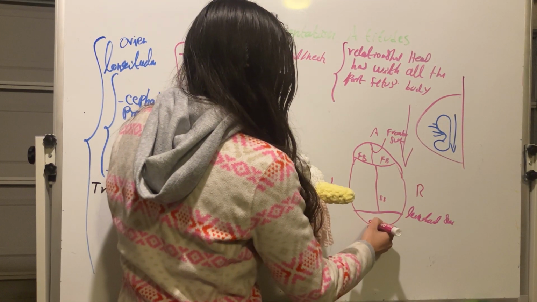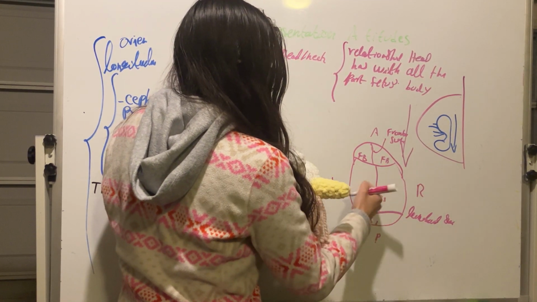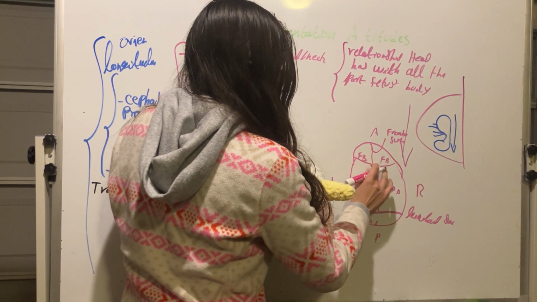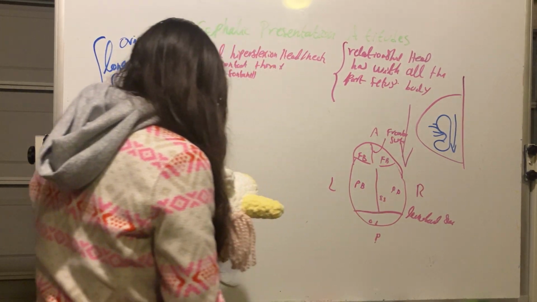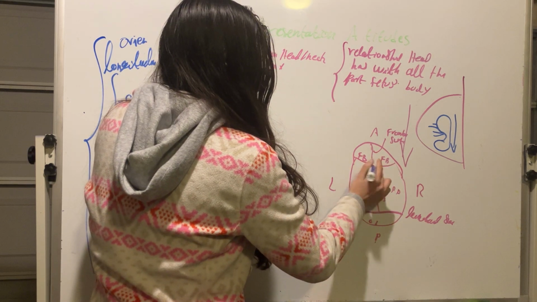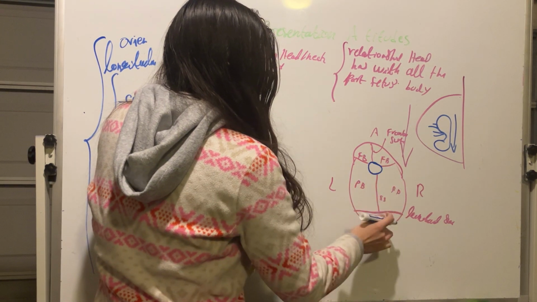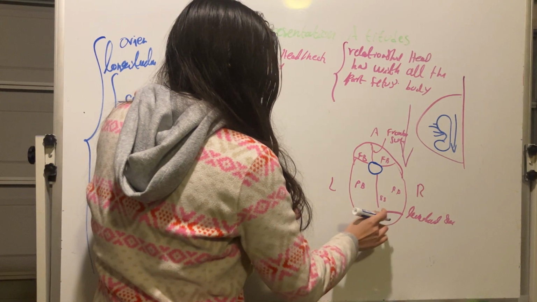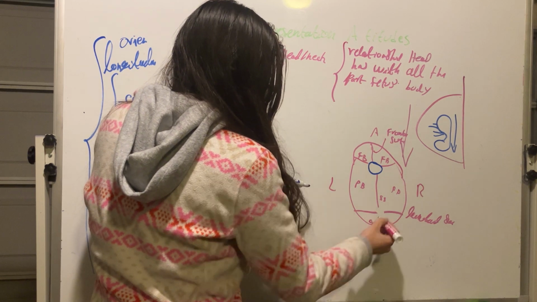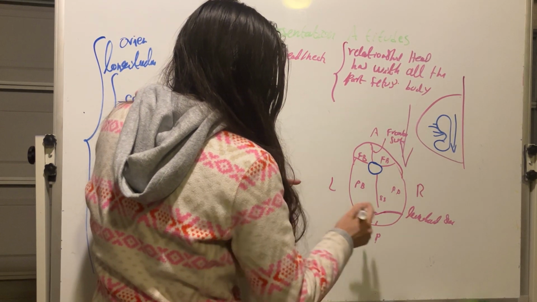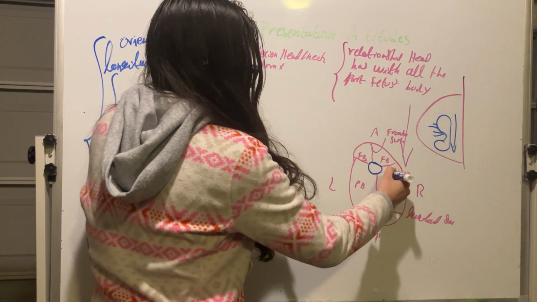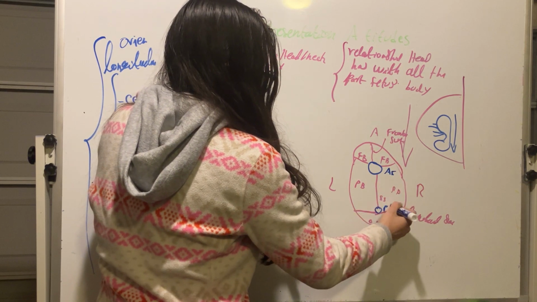This is the occipital bone, and these are the parietal bones. Here we have one fontanelle, and here we have the other fontanelle. So this is the anterior fontanelle, and this is the posterior fontanelle.